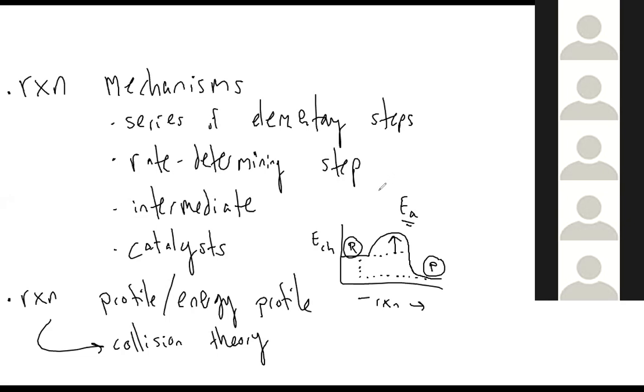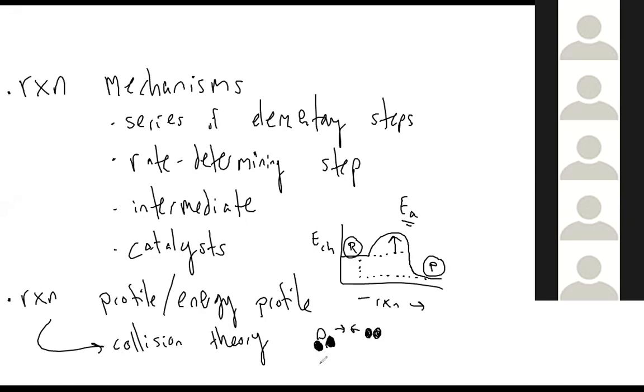Yep, excellent job. So collision theory says that in order for a chemical reaction to occur, let's say that this is a molecule of something, and here's another molecule. If these are going to undergo this chemical reaction, they have got to be moving fast enough to collide with each other.